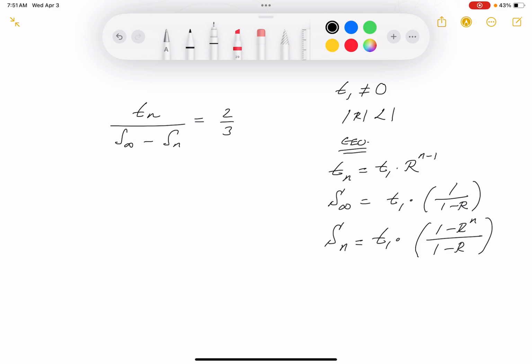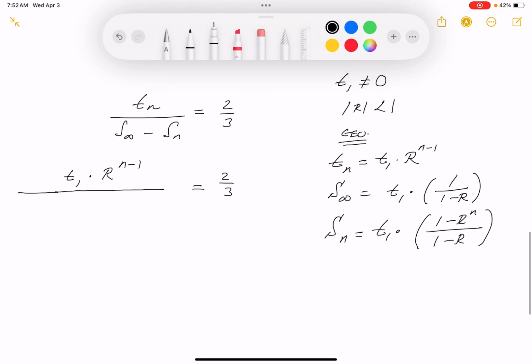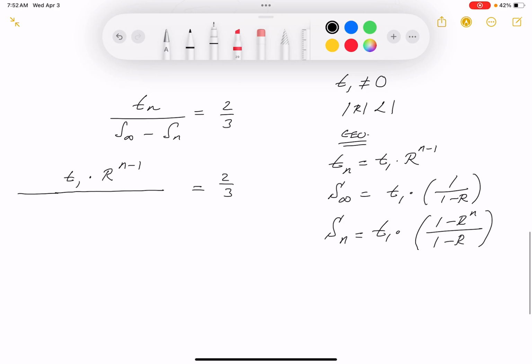Let's take a look. Let's write it down. What's the top going to be? T1 times R to the n minus 1. What goes on bottom? Oh, by the way, we're trying to find R. All right, right now I got way too much information down. I got T1 and what that is.